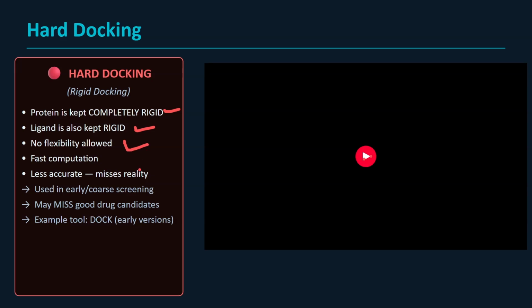The drug molecule keeps its exact shape as it approaches the binding site. This is the lock and key model, just like a physical lock and key. Both are rigid here. This is fast to compute, but in reality proteins are never that rigid.